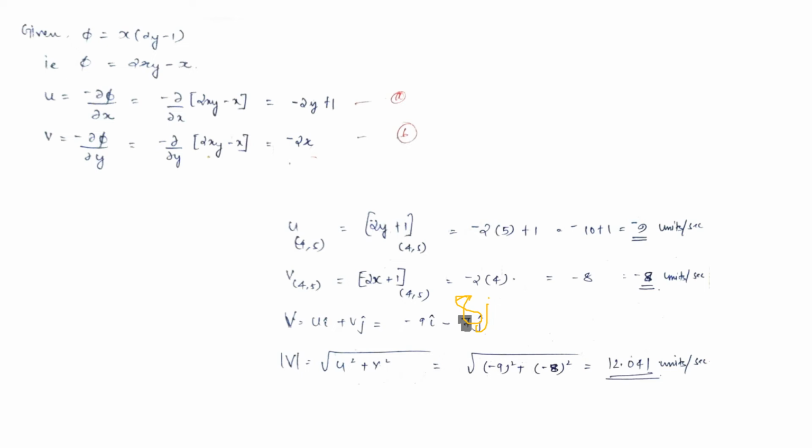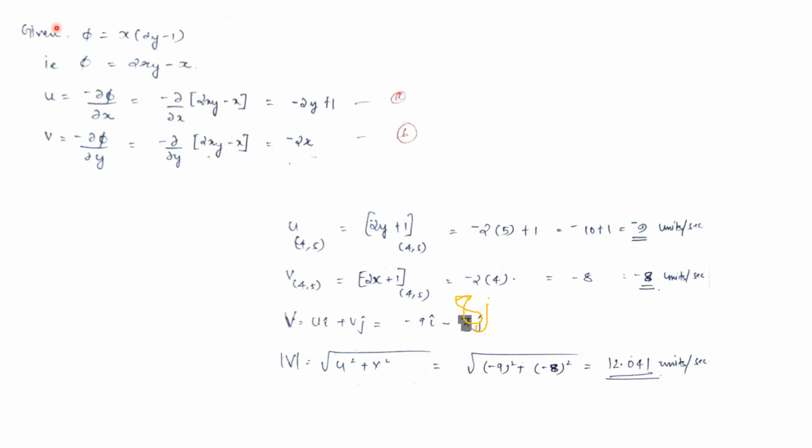Substituting that, u square plus v square, minus 9 square plus minus 8 square, which is 81 plus 64, that means 145. The square root of that would be 12.041 units per second. So up to this portion we have described, and we were brushing through the portion.